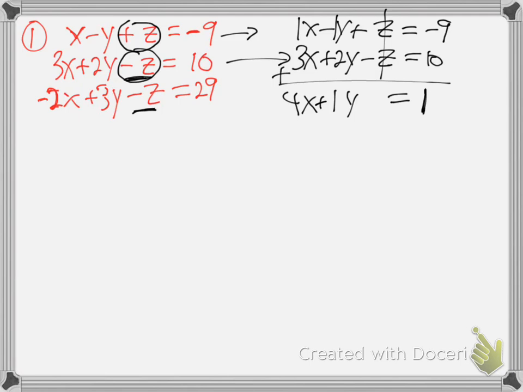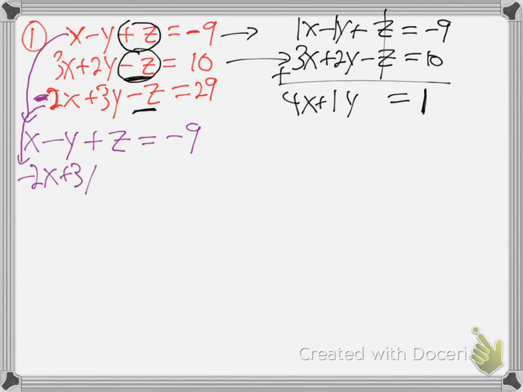Next, I'm going to take the first equation, X minus y plus z. Using the first equation again, this time I'll put it with the third. So it's the first and the third. That's minus 2x plus 3y minus z is 29.